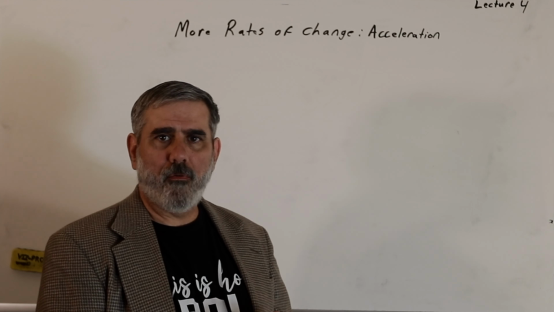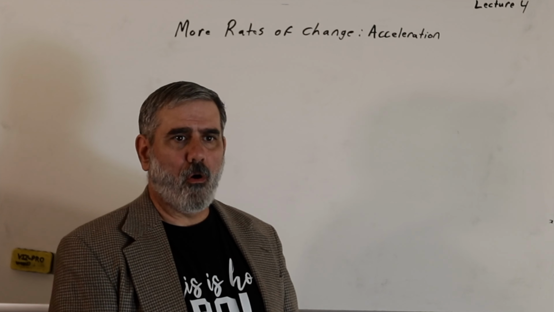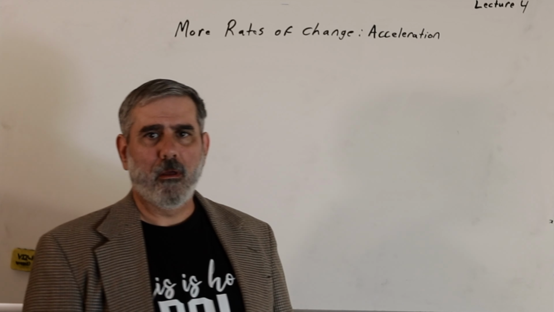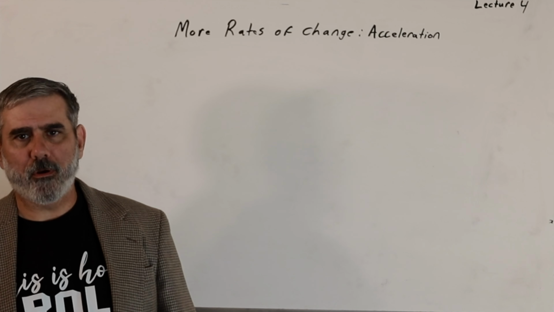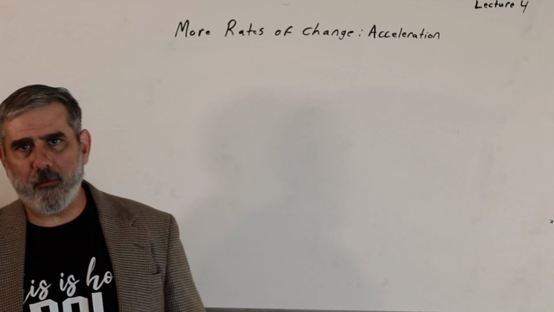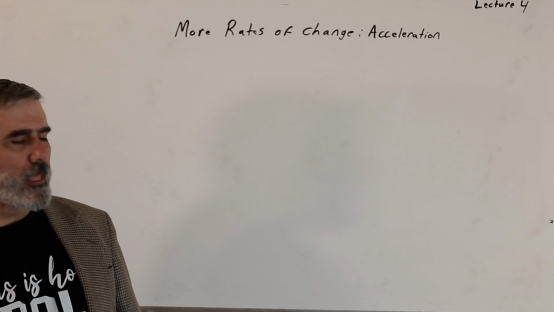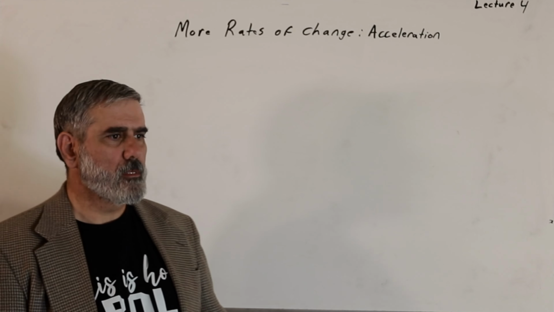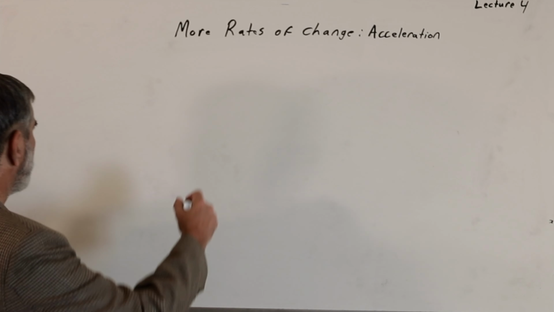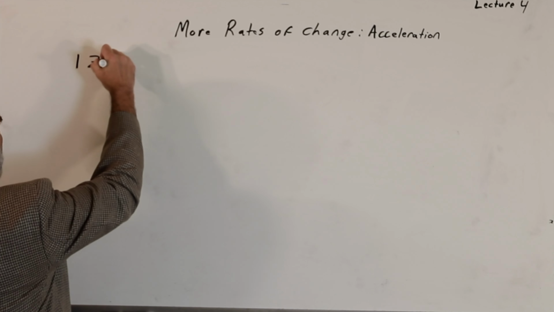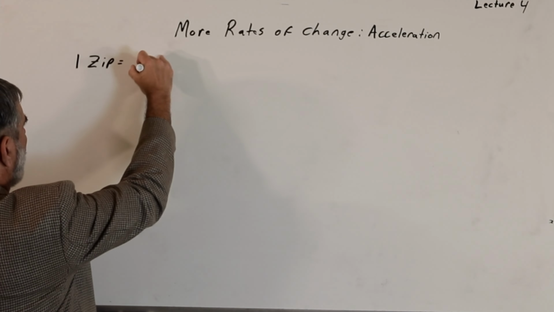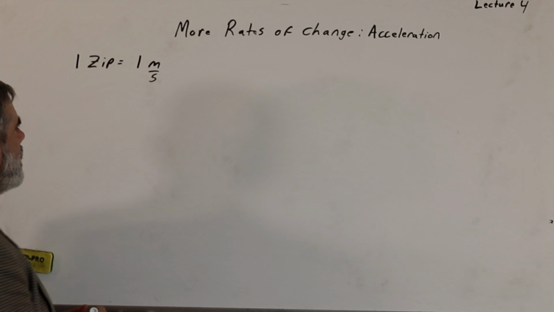Number one, we're going to give velocity its own unit name, just as a temporary placeholder. We'll revert back to the standard way of saying meters per second or miles per hour later on. But for now, I want to call them zips.